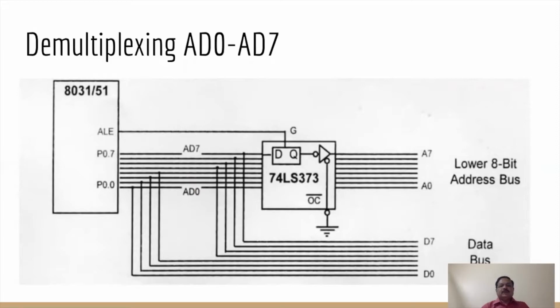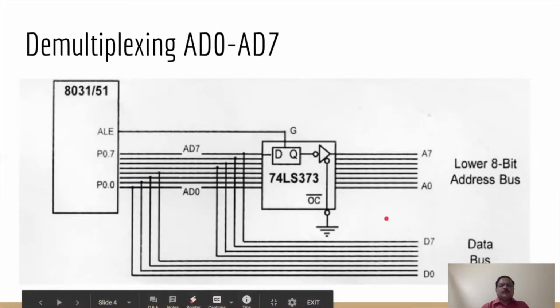Now here it is shown how the demultiplexing is done using the octal latch. You can find the 8051 chip here, the ALE signal, address latch enable, and the port 0 lines where the multiplexed address data lines are available. So you get the separate address and data lines at the end.